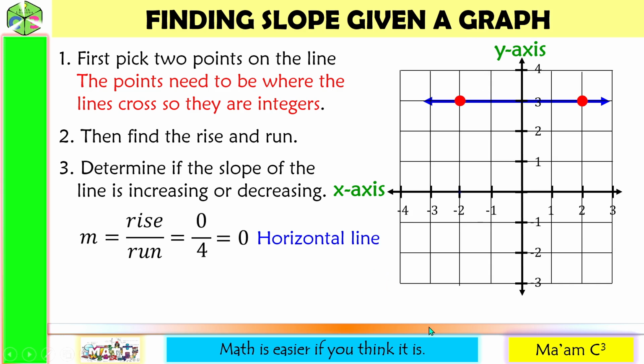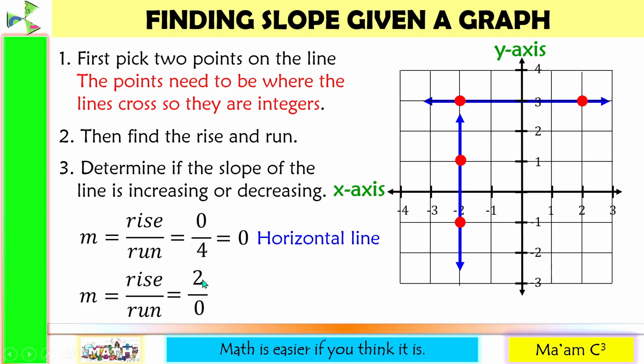Let's have another line, this one. Let me choose 2 points, this one here and this one here. Again, the formula is rise over run. If you start here, the rise is 2 units. How about the run? You did not go to the right or to the left. It means this time run is equal to 0.